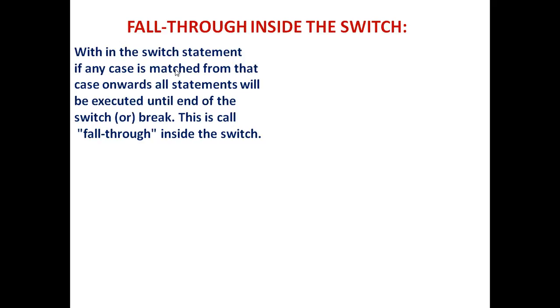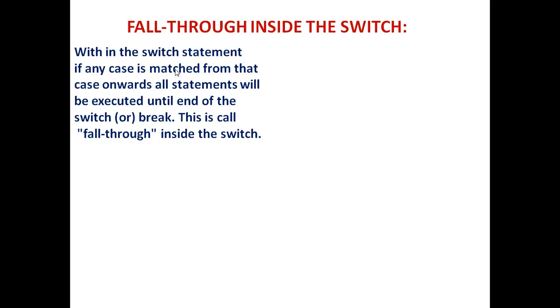The break is a keyword which breaks the execution of the loop and takes the execution outside the loop. In whichever loop you are executing the break statement, it's going to come out of that loop and execute from ahead of that loop, right? This is called fall through inside the switch.